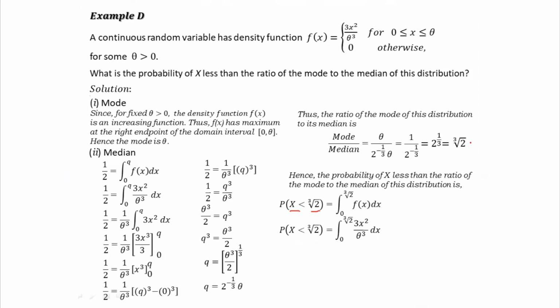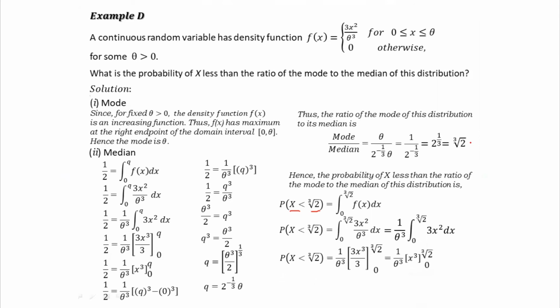So integrating this one with respect to x from 0 to the cube root of 2, we have to factor out first our constant outside the integral symbol, which is 1 over theta cubed. And what remains in the integrand is 3x squared here. So integrating 3x squared with respect to x, we have 3x cubed over 3.